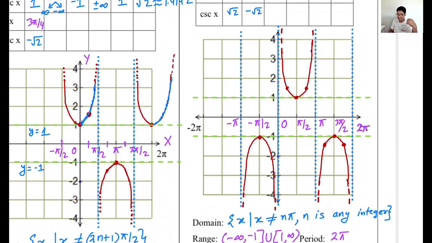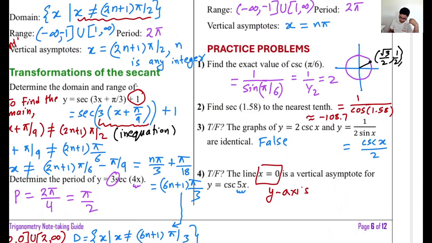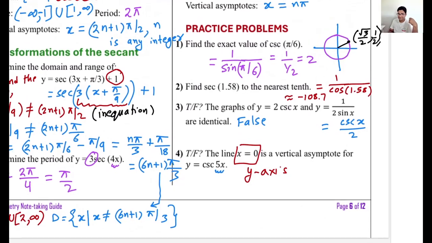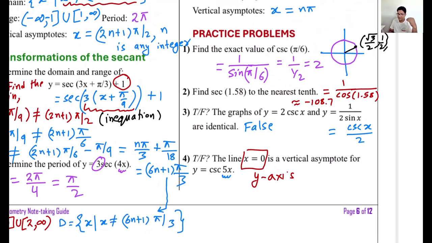So the y-axis is an asymptote, as we saw here. But what about 5x? It doesn't matter, right? If x is 0, then 5x is also 0. So the y-axis would still be an asymptote here. So the answer here is true.